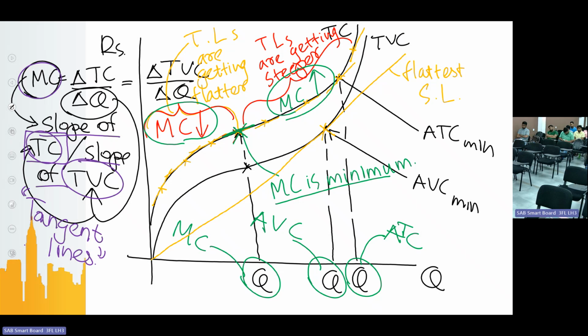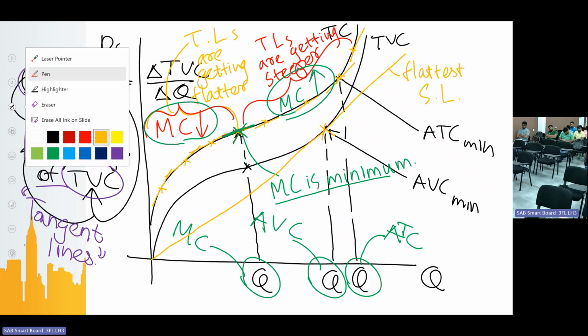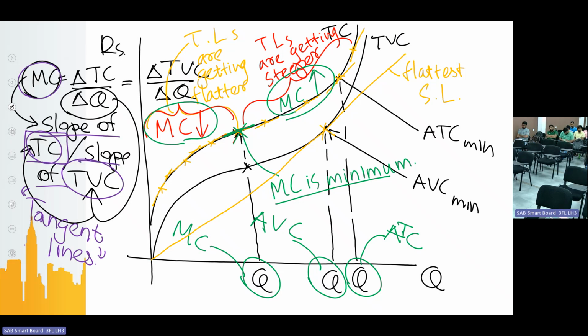If we draw a tangent line to the same point, both the straight line and the tangent line lie on each other at this point.